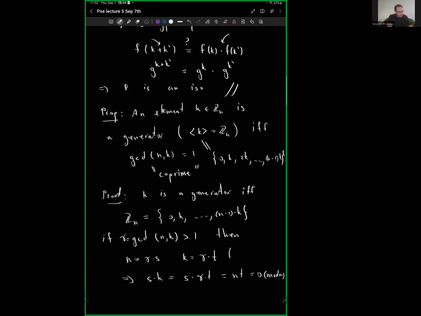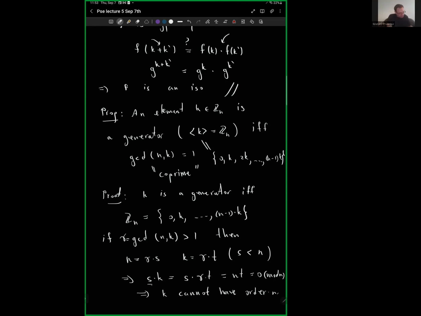But here, s is strictly smaller than n. So k cannot have order n.